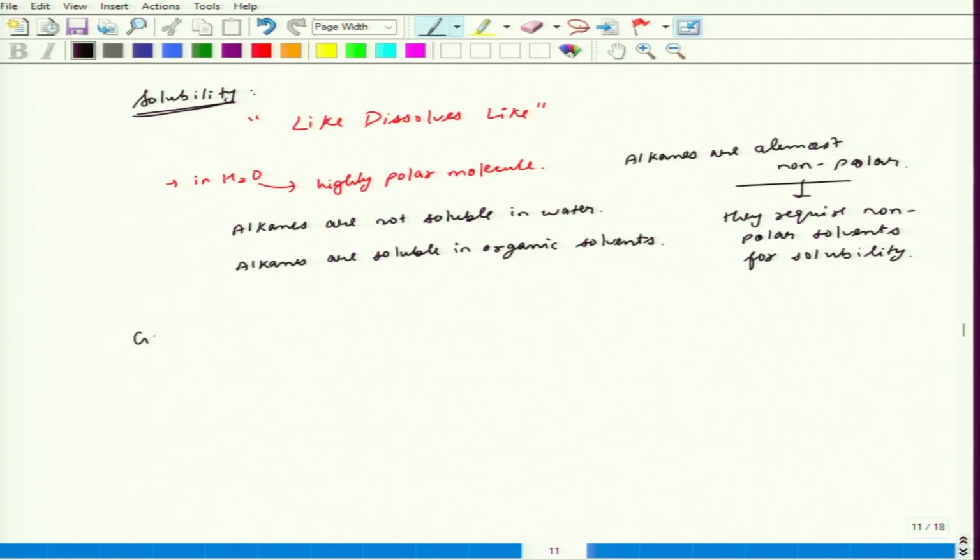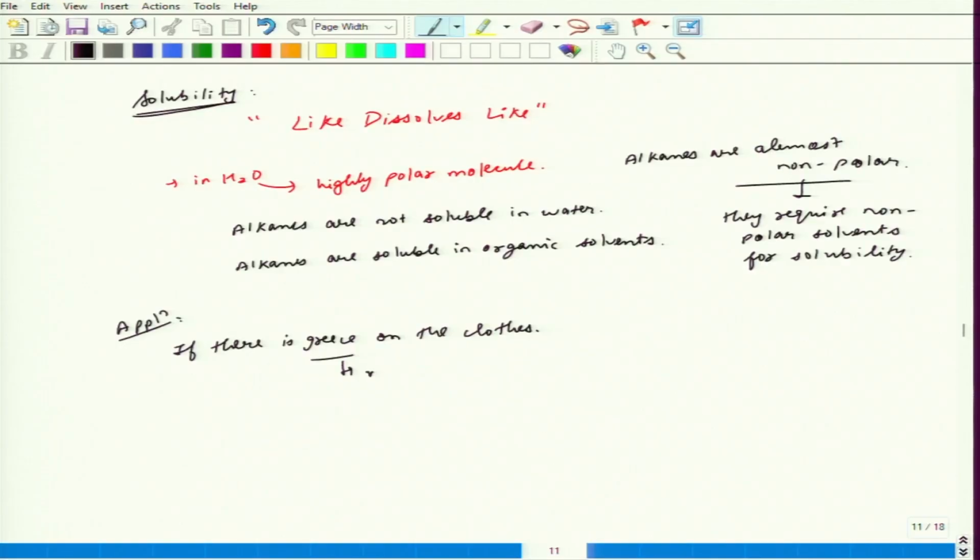Whenever there is grease or dirt on your clothes, if we normally wash the clothes, the grease is not removed.